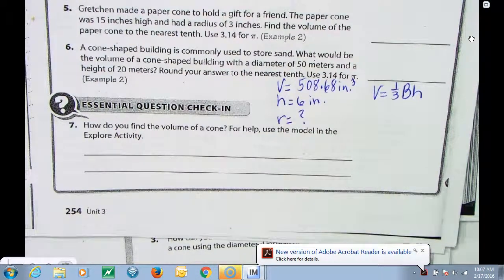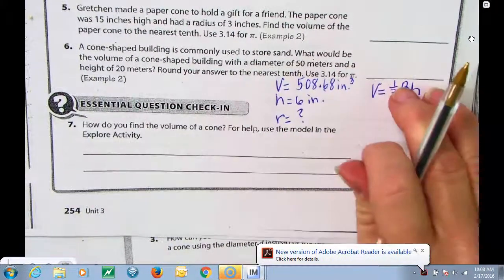How are we going to find the radius? I can't do any math yet. Follow the formula. I've got to follow the formula somehow. I've got a formula, I've got to follow it.